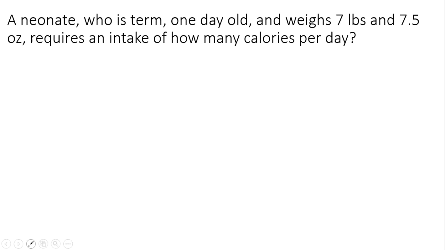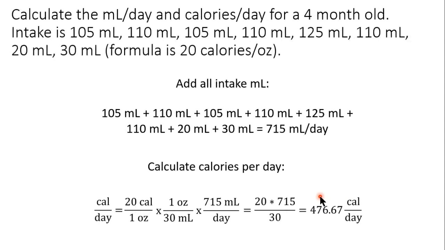Marilyn, did you have a question? Yes, I was going to ask if she can go back real quick and explain where the 1 ounce over 30 ml comes from. I'm lost where that came from. Okay, so that one is just the conversion ratio between ounces and milliliters.